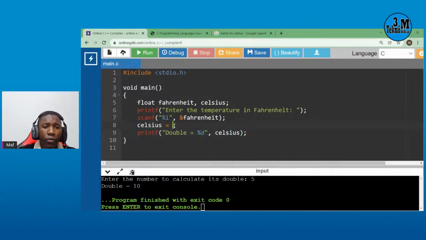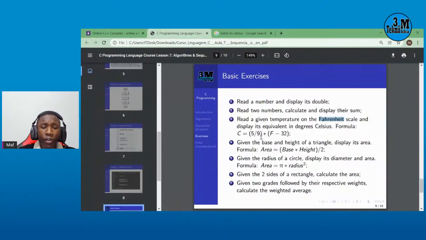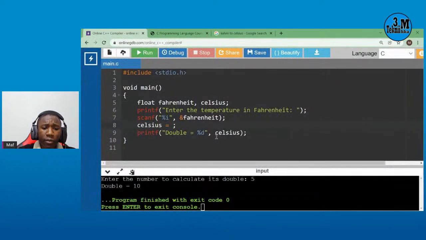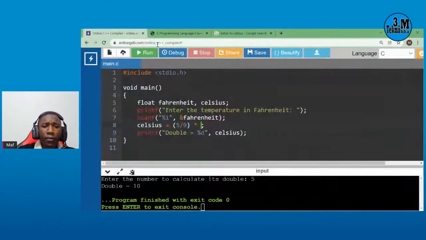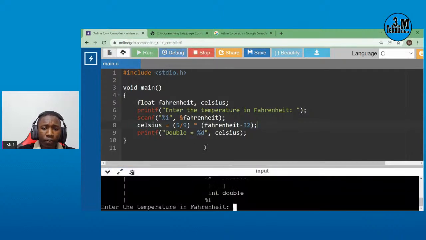So here we use this formula, 5 divided by 9, times Fahrenheit minus 32. Let's put Fahrenheit minus 32 inside parentheses, that's fine. And then we can see the solution working.